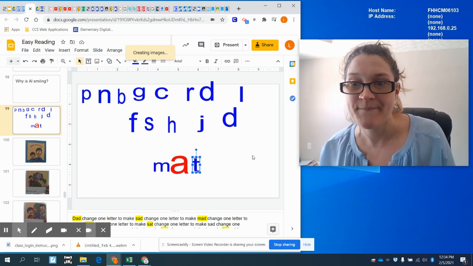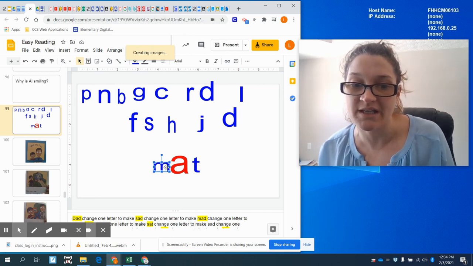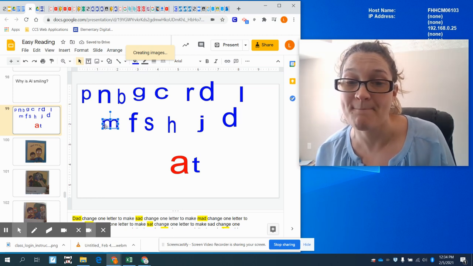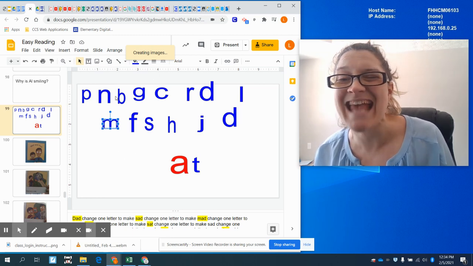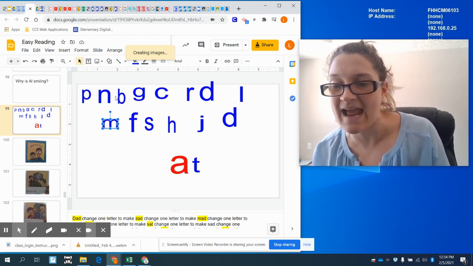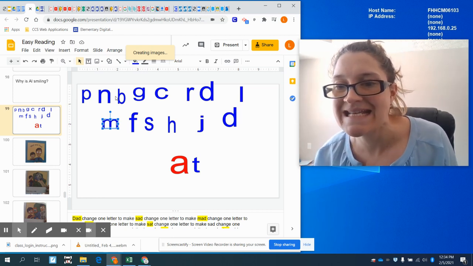This time we're going to change the initial or first sound. So we're going from Matt to sat. In the box, type what letter I need now to make the word sat.